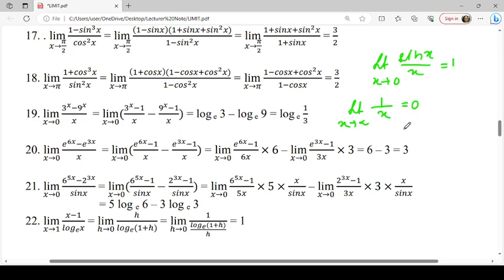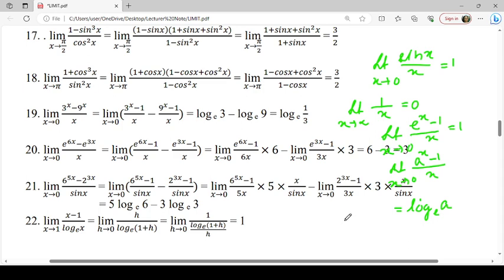Then one result is the limit of e to the power x minus 1 by x when x tends to 0. This limit is 1. Another limit is a to the power x minus 1 by x, x tends to 0. This limit is log of a to the base e.